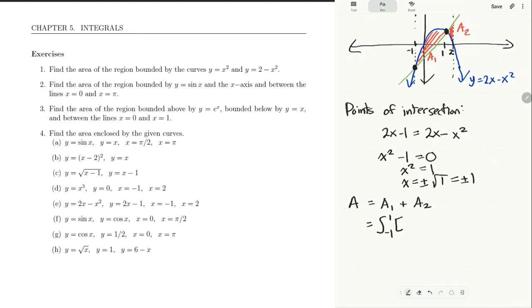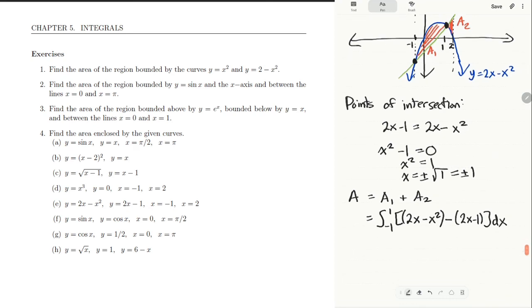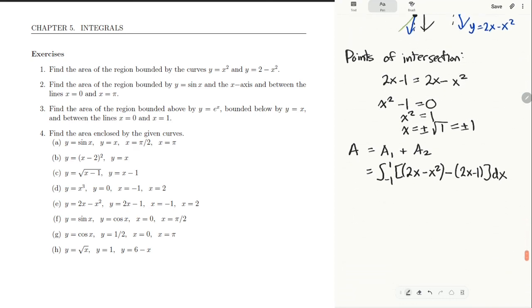So in this region, the upper function is the parabola 2x minus x squared, and the lower function is the line 2x minus 1. So this is the integral for calculating A1.